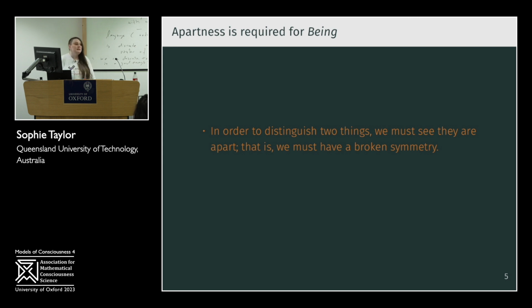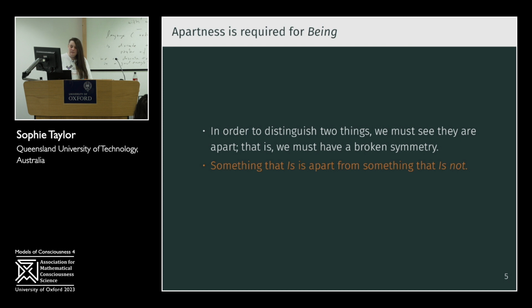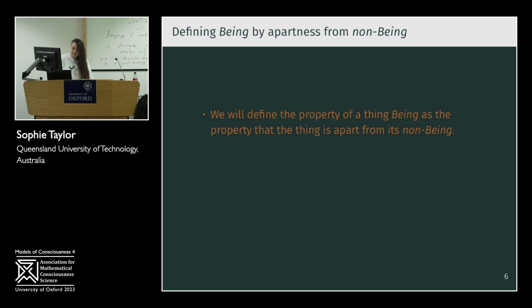Otherwise, they would be indistinguishable. Being is distinguishable from non-being, and therefore they are apart. Therefore, there is a broken symmetry, allowing the thing to be. We thus will define being as a property of a thing that is apart from its non-being.